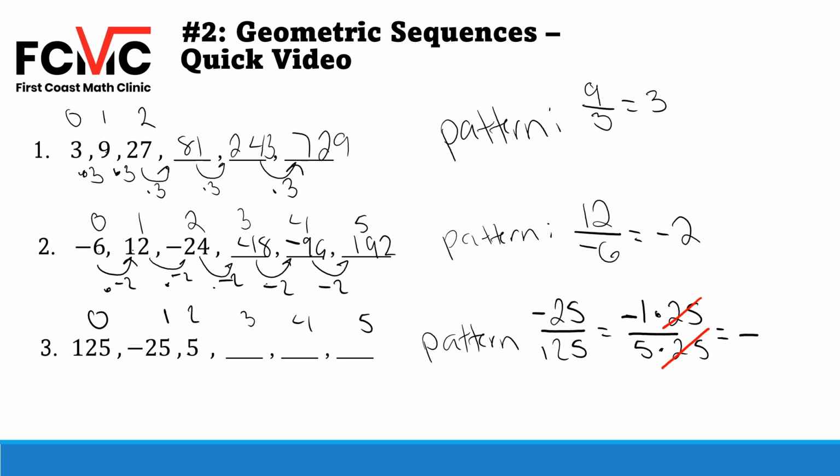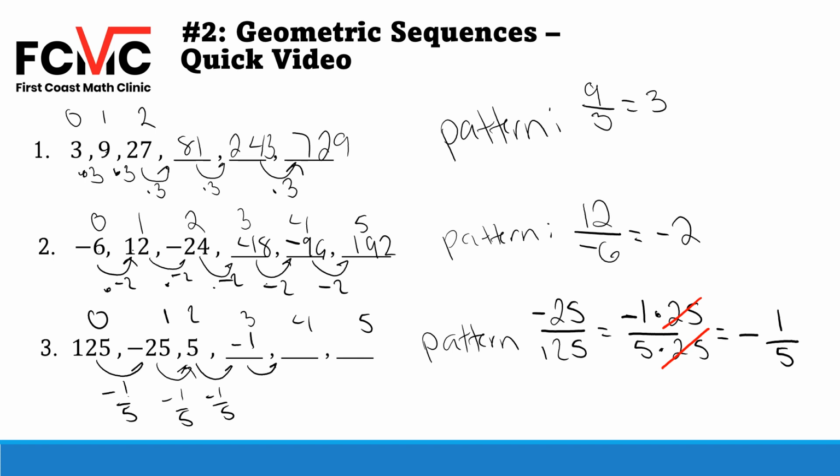So our pattern is going to be just negative 1 over 5. All right, so we're multiplying by negative 1/5. So times negative 1 over 5 takes us to negative 25 times negative 1/5 takes us to positive 5 times negative 1/5 takes us to negative 1.